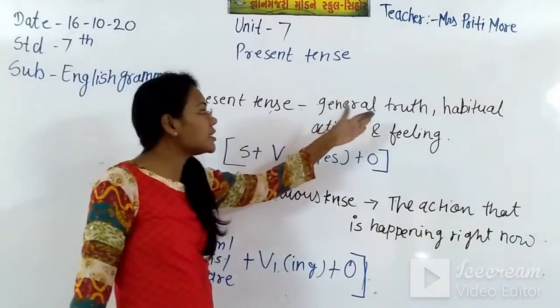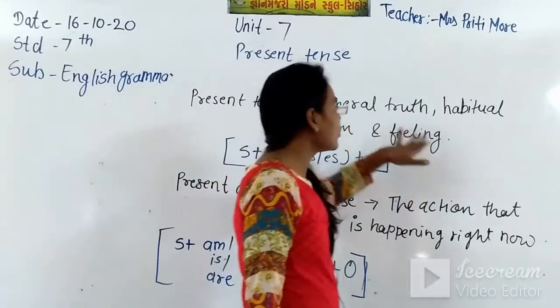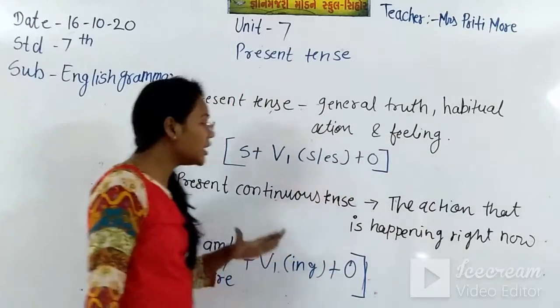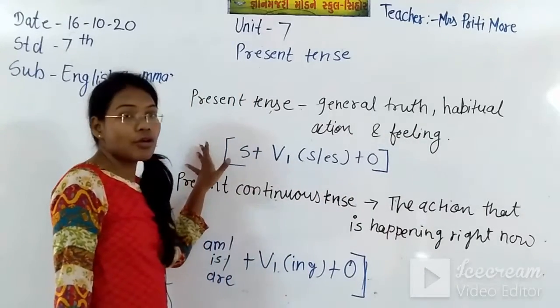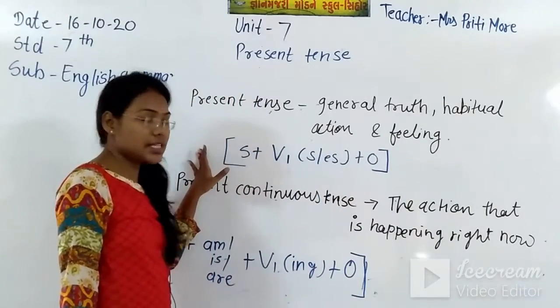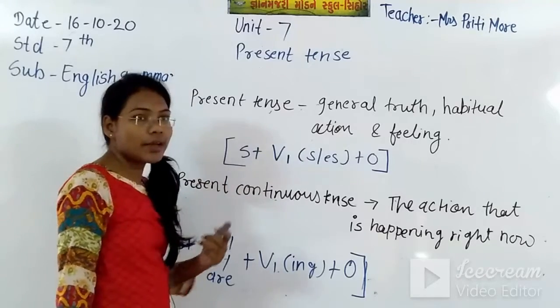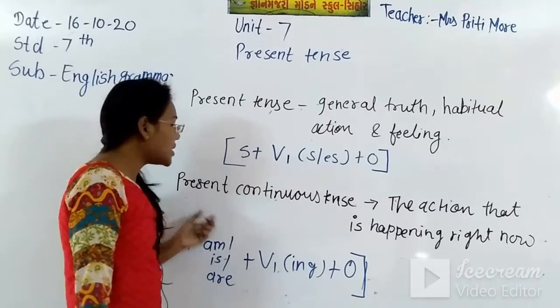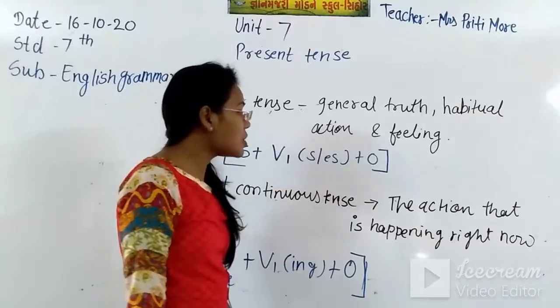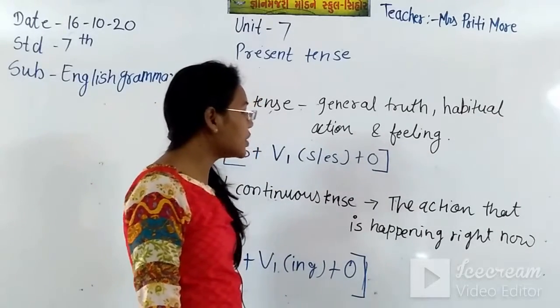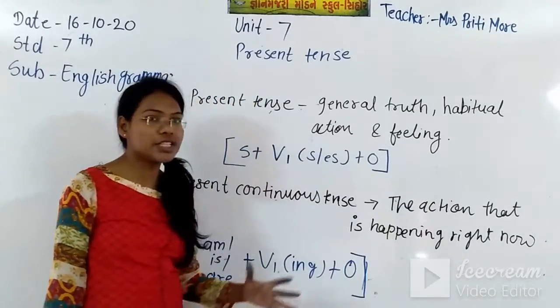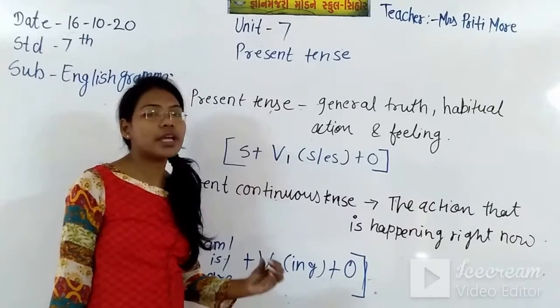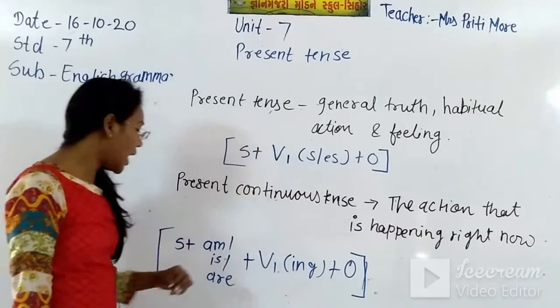We use present tense to say the general truth, habitual action and feeling, and the formula also we have seen with so many examples. Homework also I hope I had given you. Present continuous tense, this also we covered in the last video, to show the action is happening and going on.